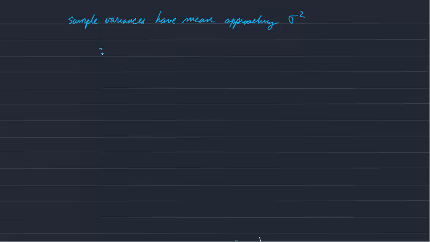That is to say that the mean of S squared tends towards sigma squared as N goes to infinity. So this is one way of estimating the variance or standard deviation of the population.